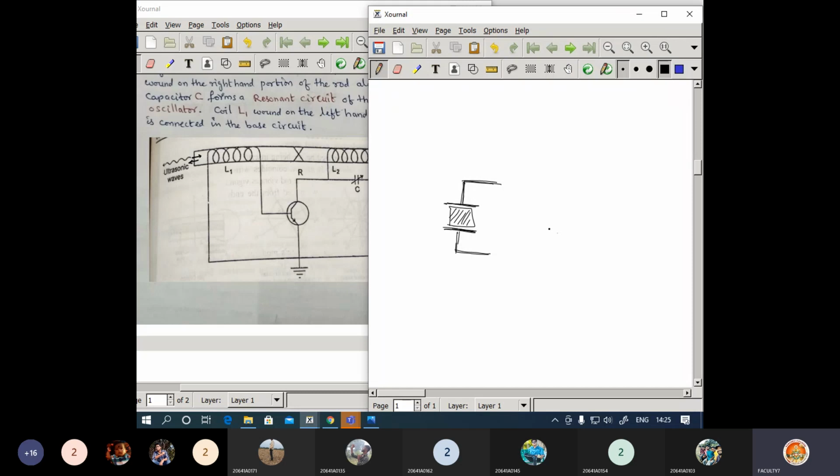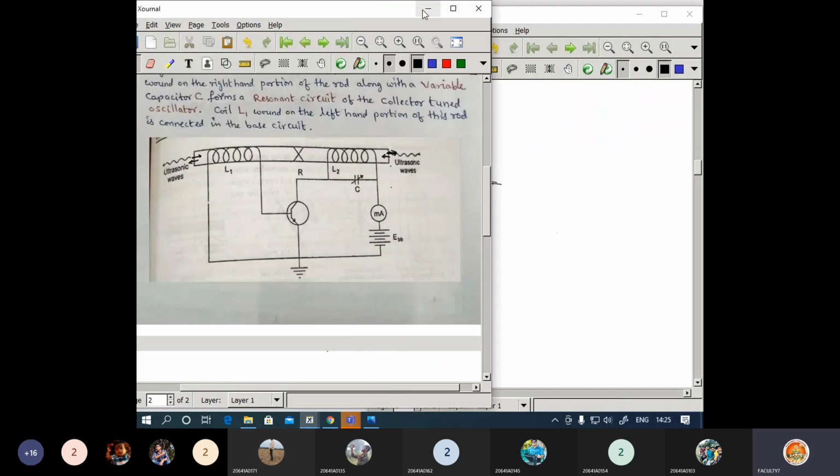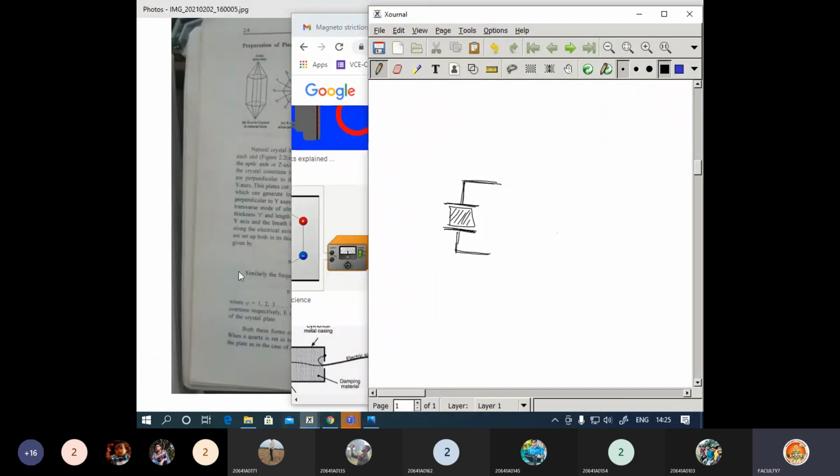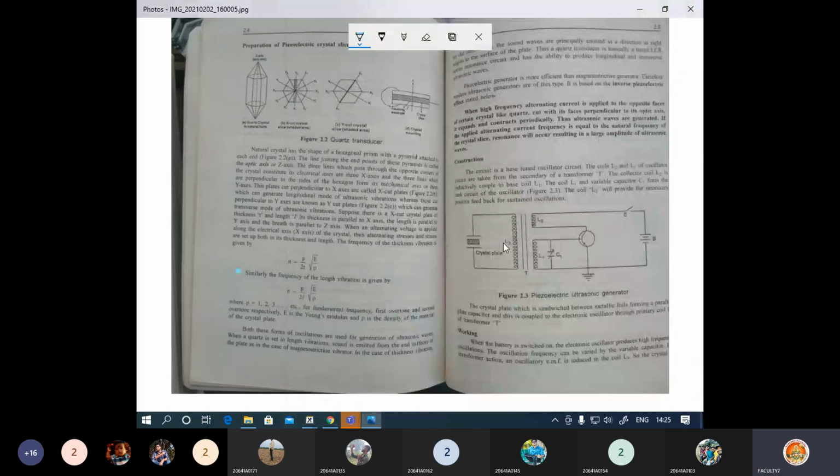Now how can you consider the circuit? Let us see here. This is the circuit we are going to construct. This is the crystal, and these are the two plates.